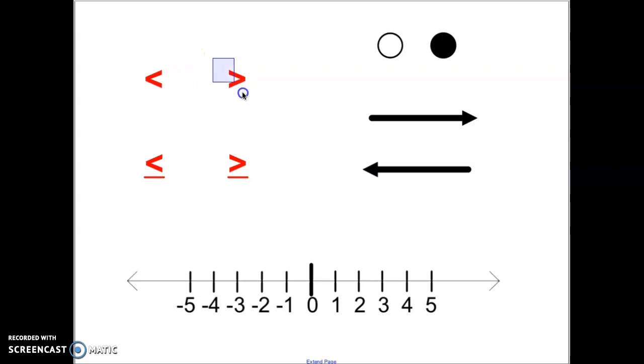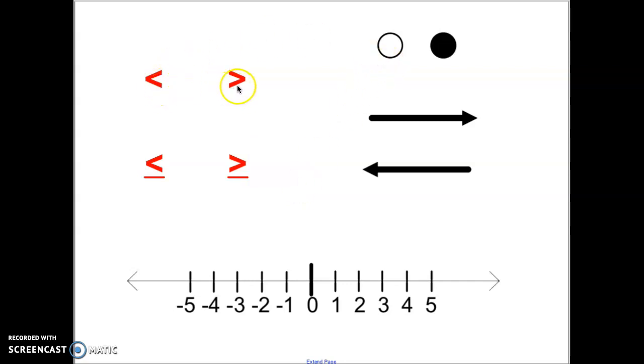This is called a greater than symbol, meaning whatever is on this side of the symbol is greater than whatever is on this side. This is a less than or equal to, meaning whatever's on this side is either less than or equal to whatever's on this side. And this is called a greater than or equal to, meaning anything on this side is greater than or equal to anything on this side.